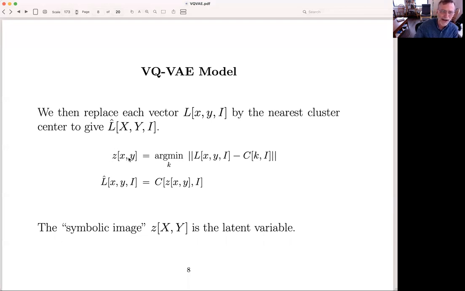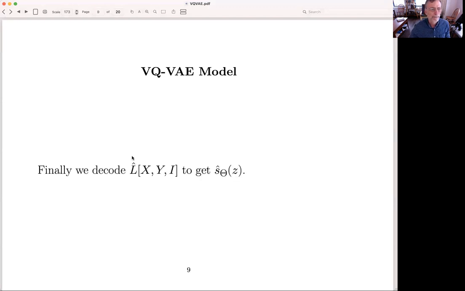At each XY, it's got a K, which is a symbol. So now I can think of this as a symbolic image, and that is the latent variable of the VAE, of the variational autoencoder. Now, finally, for the model, we take this approximation, this conversion to the cluster centers, and we decode it. And we decode it back into an image. So that's the model. That's the variational autoencoder.